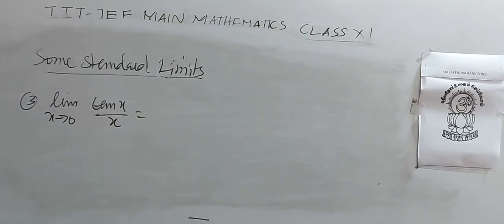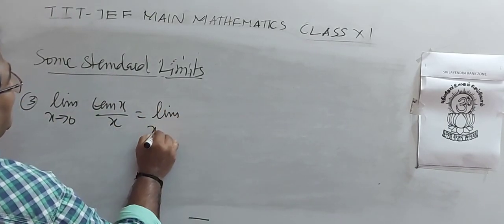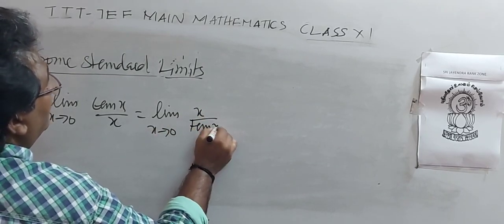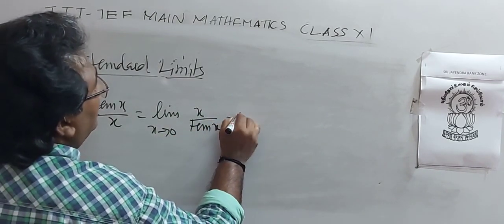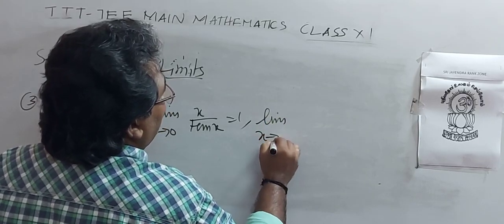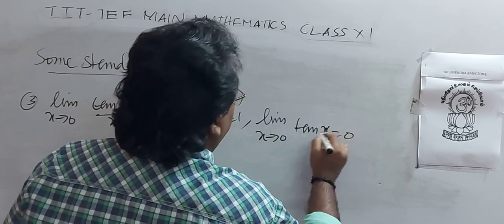Limit x tends to 0 of tan x by x equals limit x tends to 0 of x by tan x equals 1. Limit x tends to 0 of tan x equals 0.